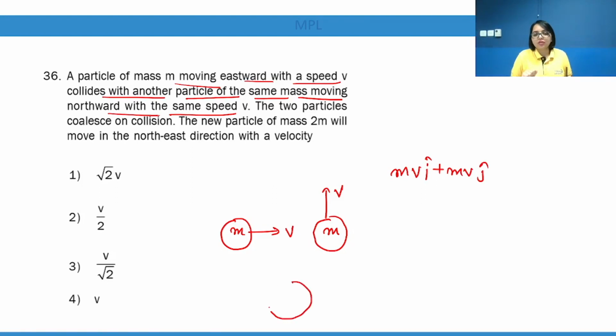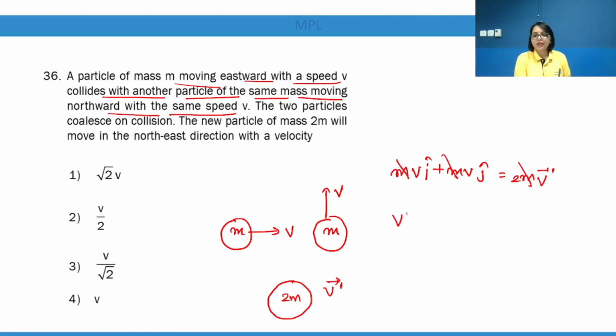Now, after collision, both of these particles combine and they move with a common velocity. So the common velocity will be, let's say, v dash vector. Final momentum is equal to initial momentum. So 2mv dash vector will be the final momentum and it must be equal to the initial momentum. m will cancel m.